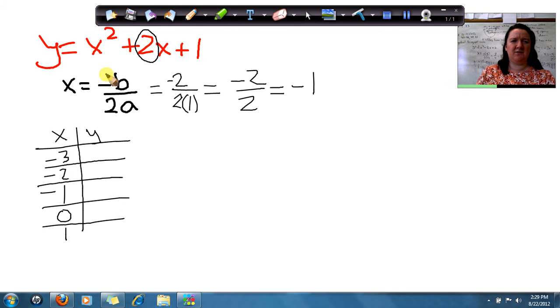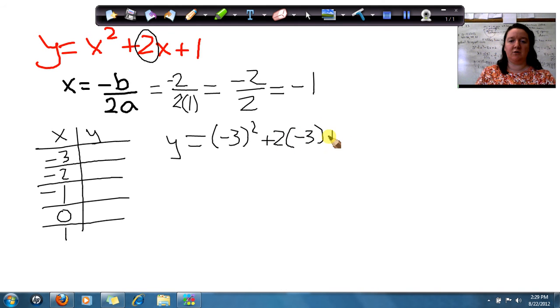If I take negative 3 and plug it through this function, I'm going to get y equals negative 3 squared plus 2 times negative 3 plus 1. So that's going to give me 9 minus 6 plus 1.